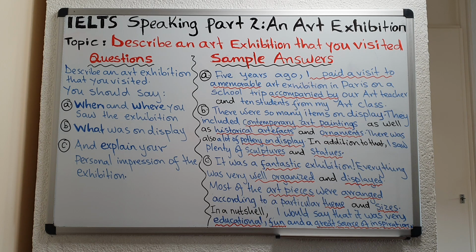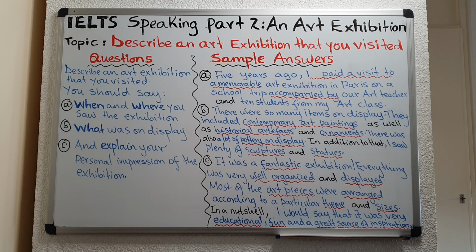Now, let's move on to B. What was on display? So you need to describe to the examiner all the things that were displayed in the art exhibition. Now you can answer that question by saying there were so many items on display.